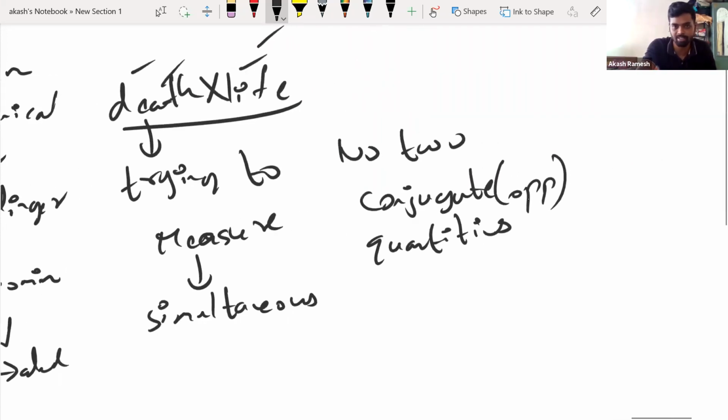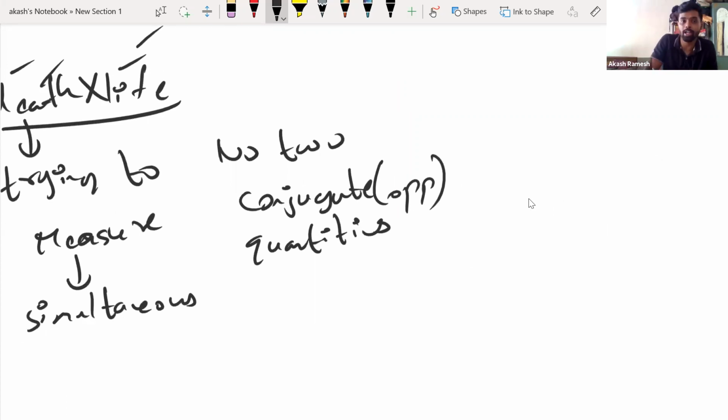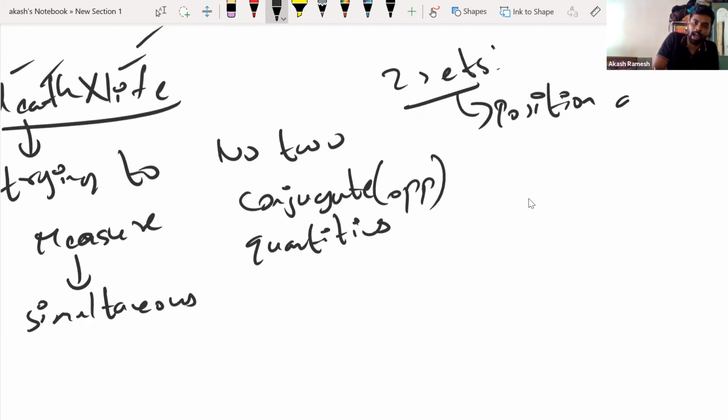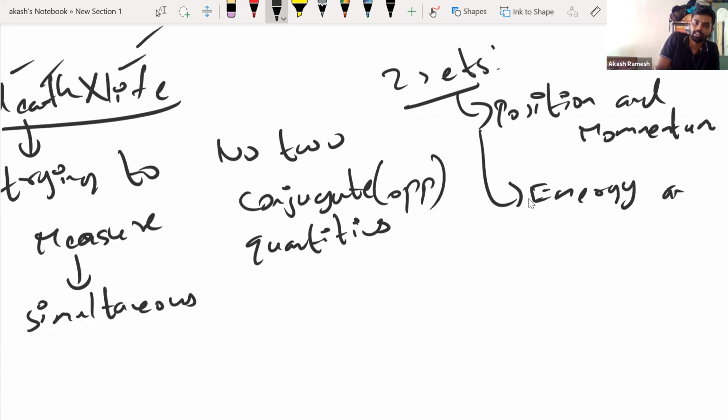If I go to physics, there are two sets of conjugate quantities. One is position and momentum. The second set is energy and time. Now how these are opposite quantities is beyond the scope of your 11th class, people. Don't worry about it.